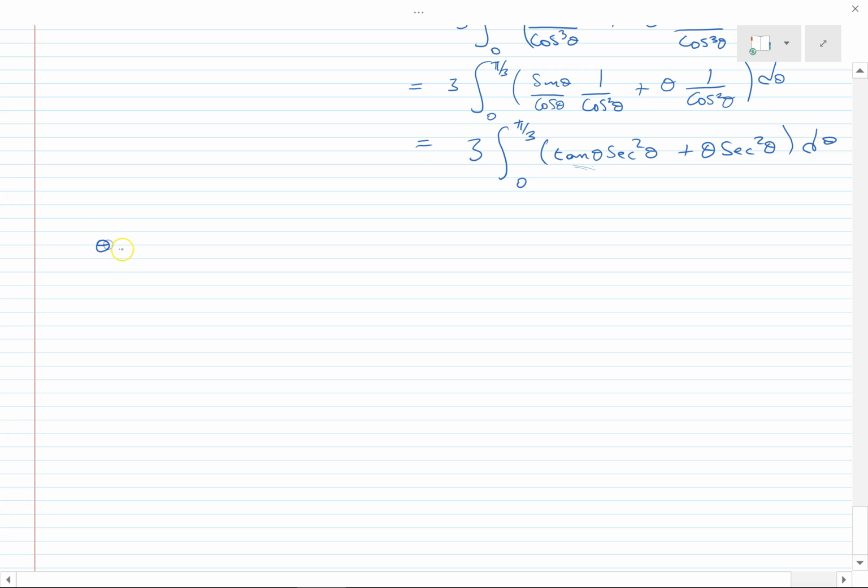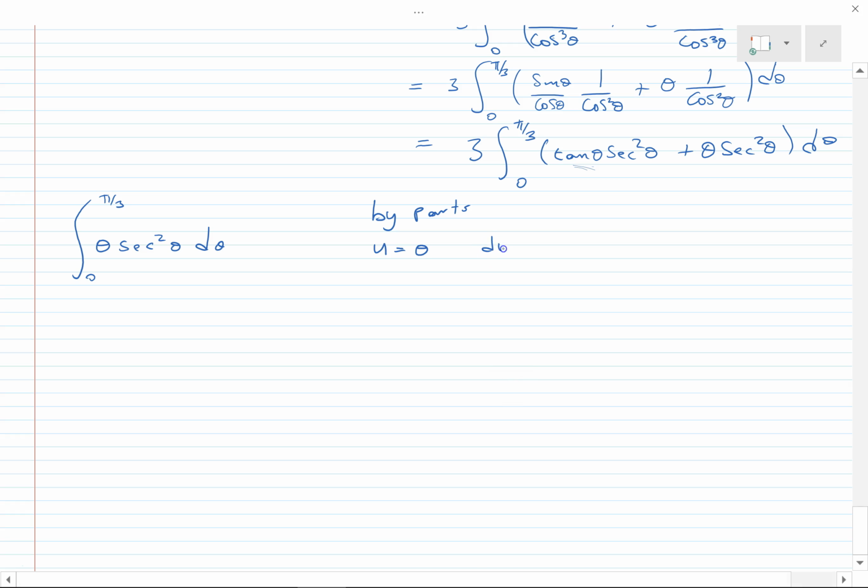So theta sec squared theta d theta from pi over 3 to 0 is what we want to integrate. It's by parts. So normally, unless there's a ln involved, we're going to let u be equal to whatever the algebraic bit is, the theta.